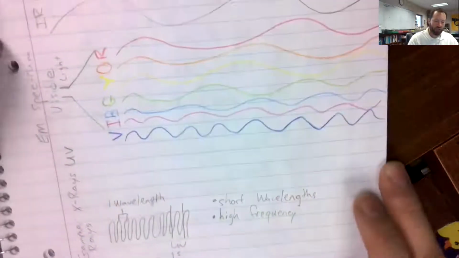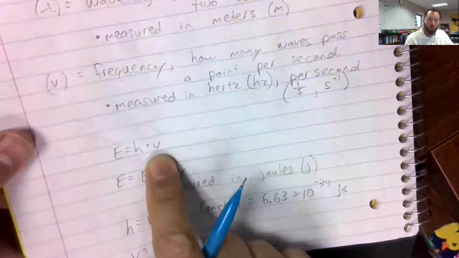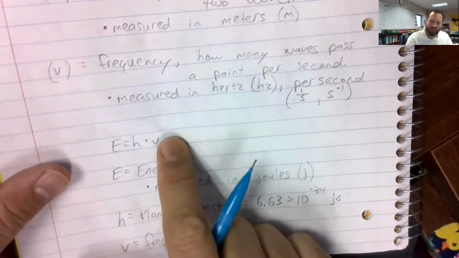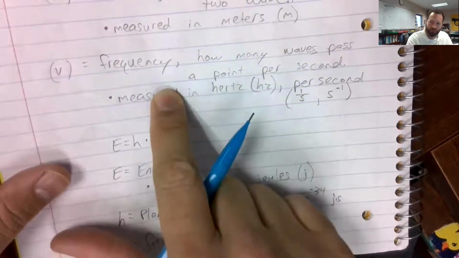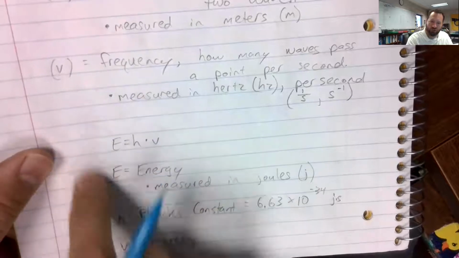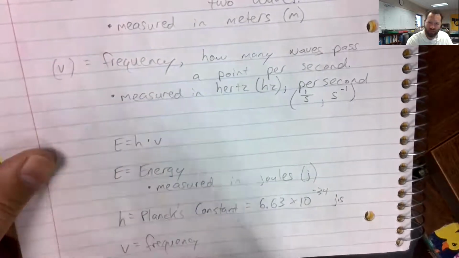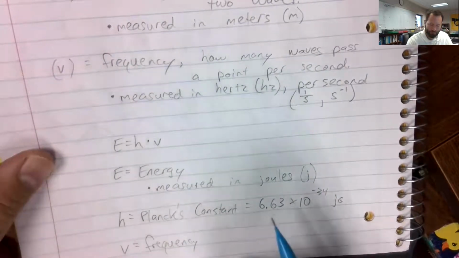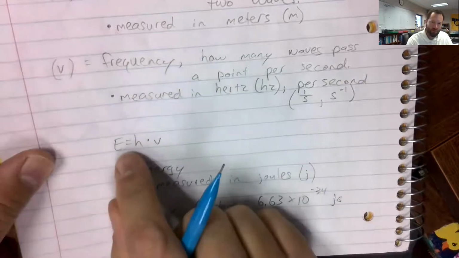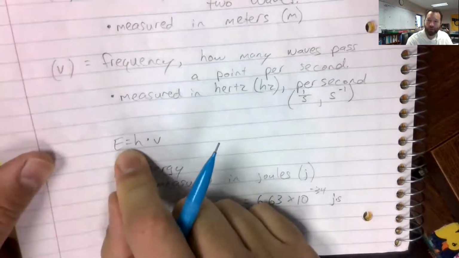Keeping all that in mind, we come back over here. Okay, think about that formula. What's going to happen? H is a constant. What's going to happen when V goes up? Will the energy go up? Will the energy go down? If H is your constant, kind of think about that. Again, my trick, put in numbers you know how to work with.